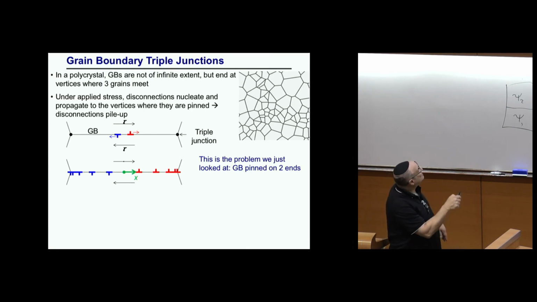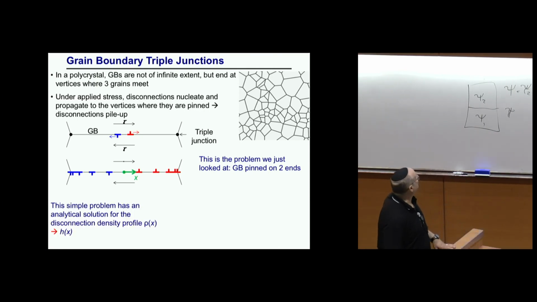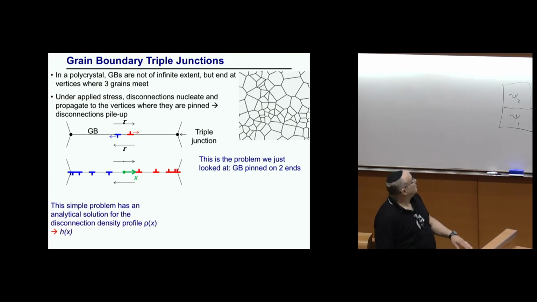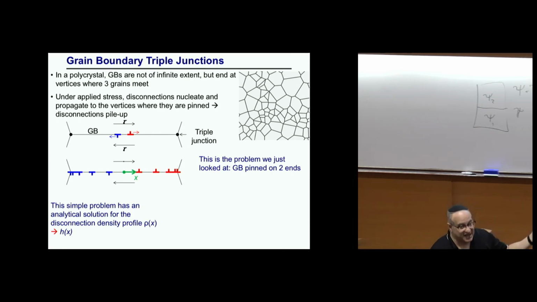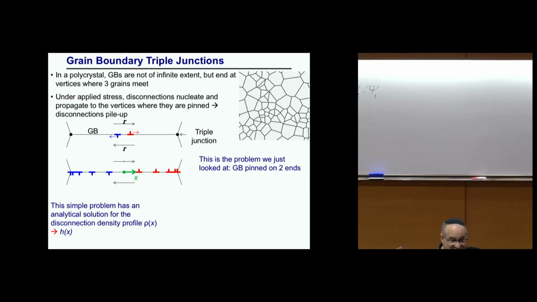But as you nucleate them, they're going to pile up and you get some non-uniform distribution of disconnections along the grain boundary. And again, it's driven by an applied stress, so it couples to the Burgers vector. But since I'm piling up Burgers vector, and those Burgers vectors have a step height associated with them as well, when I pile up the Burgers vector, I'm also changing the shape of the boundary.